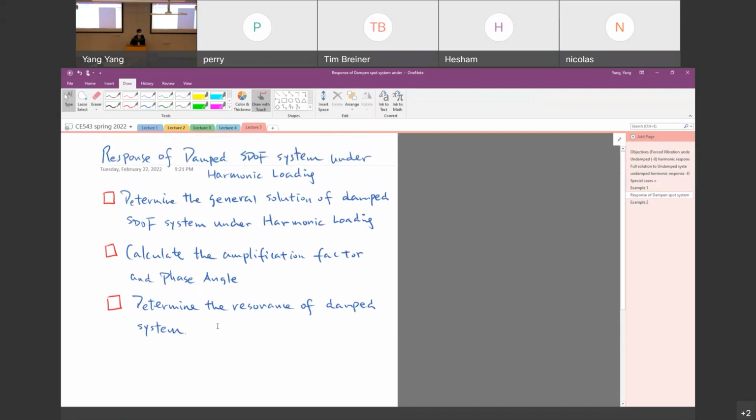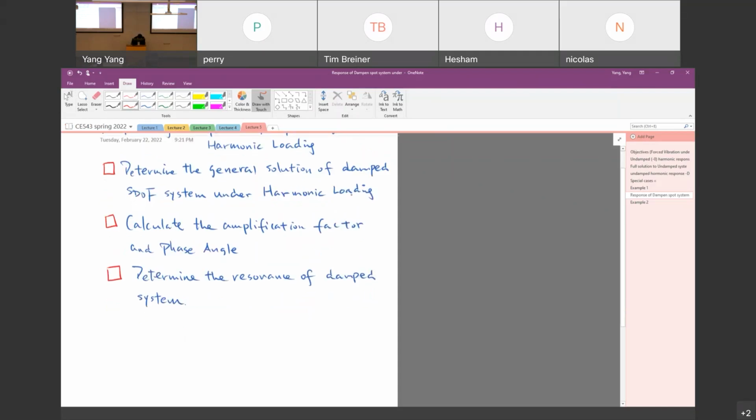This is very similar to the case where I don't have any damping. So how about we have damping? We start from the equation of motion.